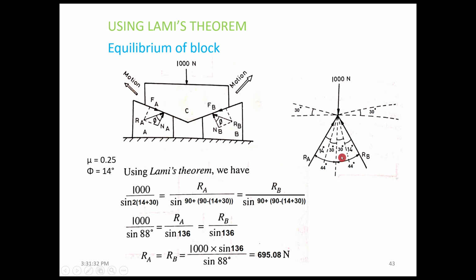So we have 14 plus 30 for a single angle with respect to the vertical, and 2 times that gives you the total angle. 1000 by sine of 2 into 14 plus 30 is equal to Ra by sine of this angle, which is 90 plus 14 minus 30, and equal to Rb divided by the same value. On solving, we get Ra and Rb as 695.08.